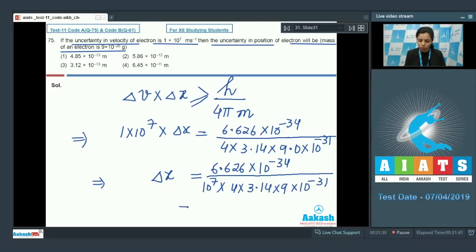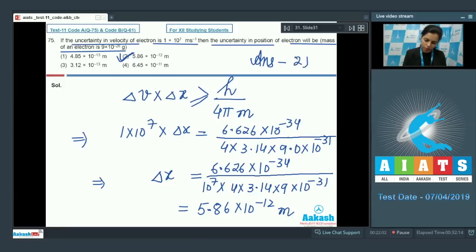Just solve this for the value of delta X. If you solve this, the value is 5.86 into 10 raised to the power minus 12 meter. This you will obtain. And if it is so, option 2 becomes your correct answer. Just choose that. After that, question number 76 let's take.